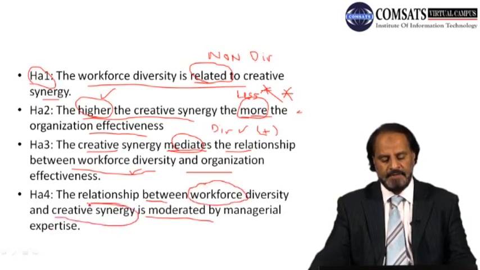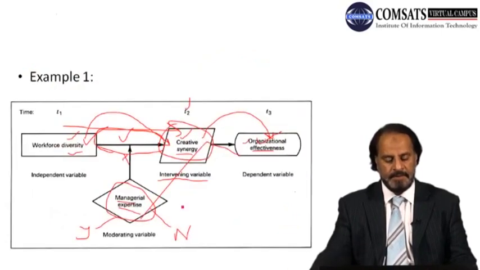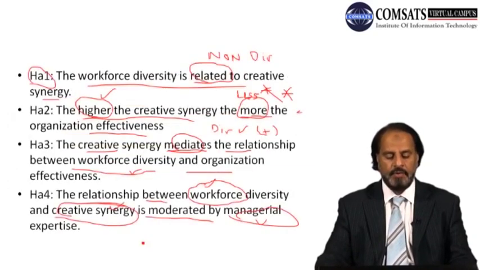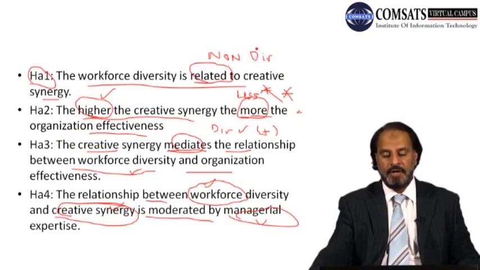We're looking at three variables: workforce diversity, creative synergy, and managerial expertise, which is moderating the relationship as per the diagram. So this is the way you state your moderating hypothesis. We looked at the directional and non-directional kinds, and the mediating and the moderating types of hypothesis statements.